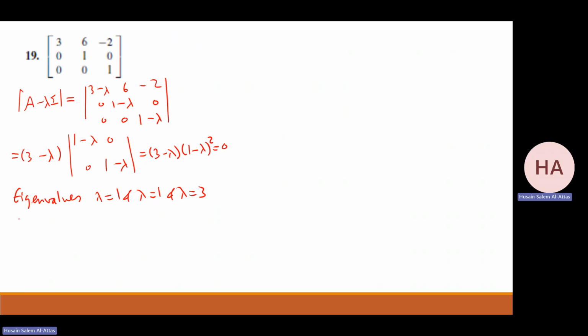Now let me do for lambda equal 1, see what will happen. Let us see what will be the equation.